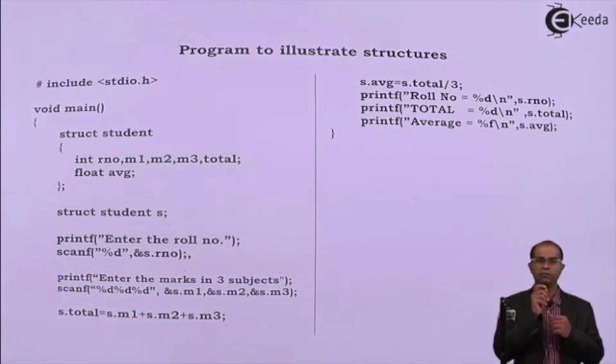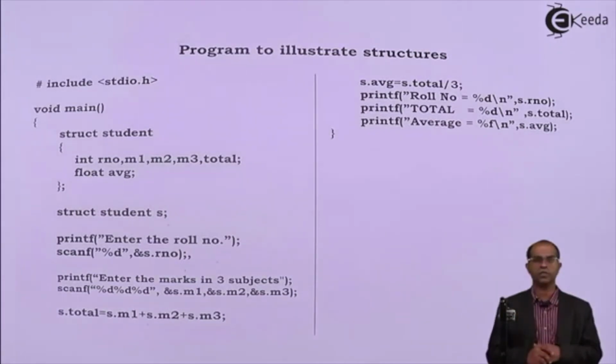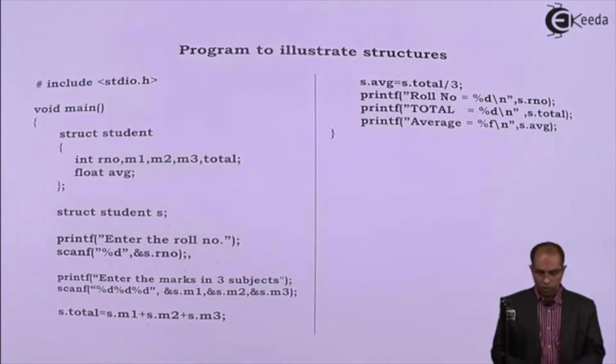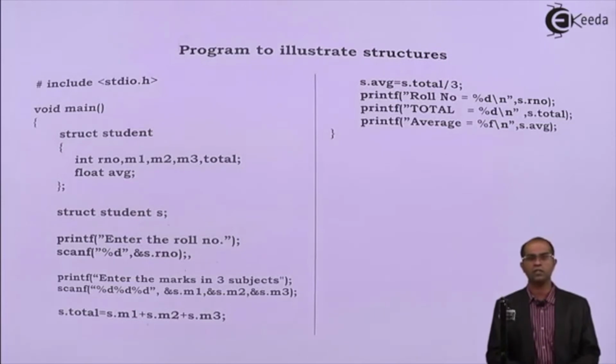Total is nothing but marks in subject 1 plus marks in subject 2 plus marks in subject 3. And then I am supposed to compute the average. To take the average of the marks, I have to divide the total by the number of subjects, so that is by 3.